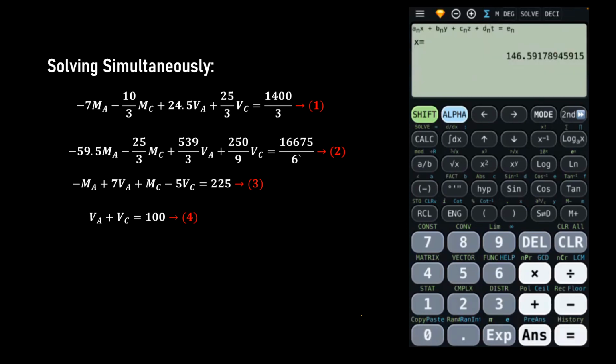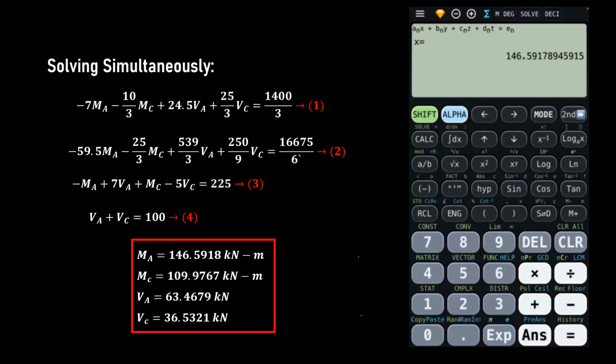We will have MA is equals to 146.5918. MC is equals to 109.9767. VA is equals to 63.4679. And VC is equals to 36.5321. There.